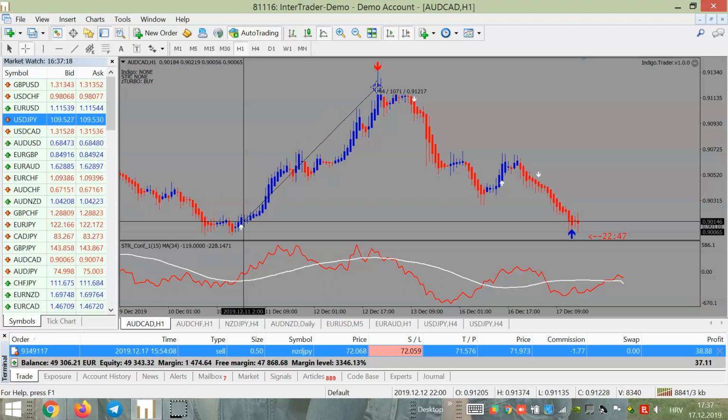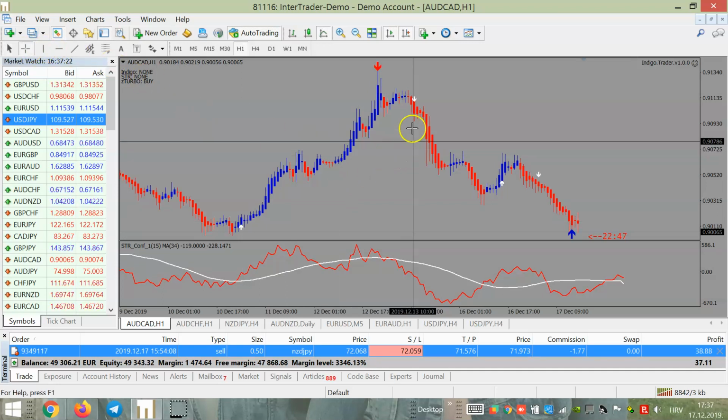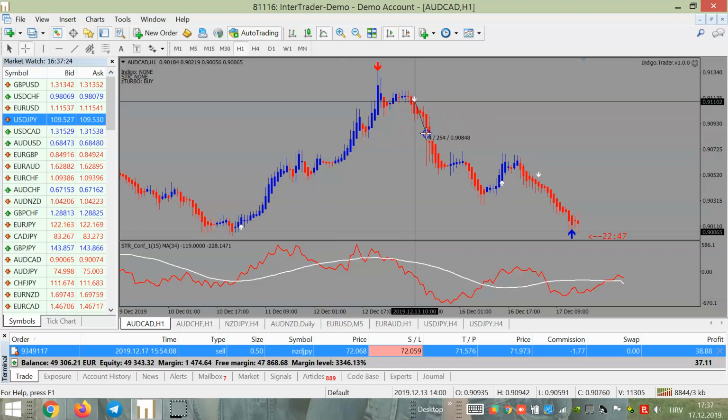It's a very big difference. Or let's say here, if you use your take profit 25 or 30, but if you use the function close at opposite signal, you will make double, and so on.